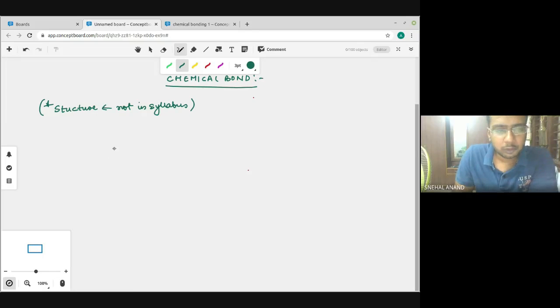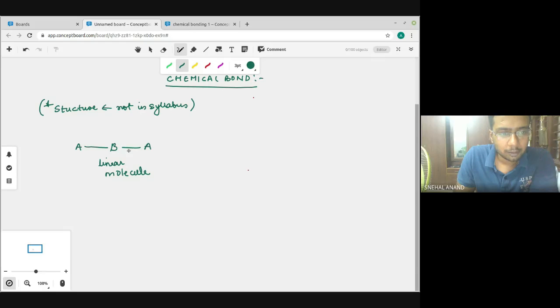Now, suppose you want to decide the structure of a molecule. Suppose there is one center atom B along with two bonds around it. It is a linear molecule, because the bonds try to be at maximum distance from each other.